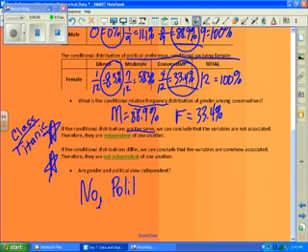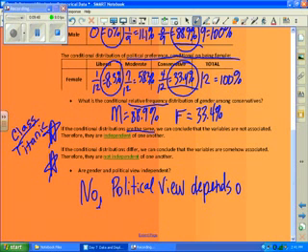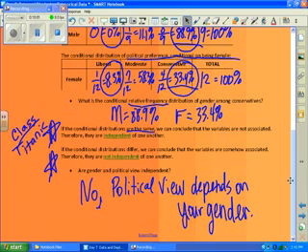That according to our data, our political view depends on your gender. Okay, because I wouldn't say your gender depends on your political view, right? Okay. Don't know. I mean, I got to think about that one.